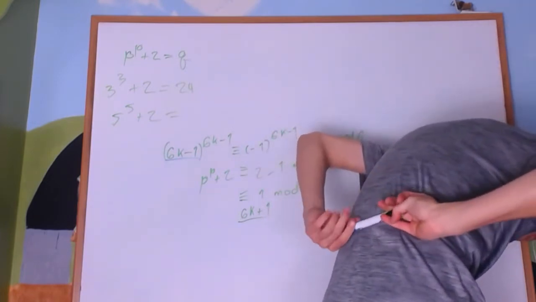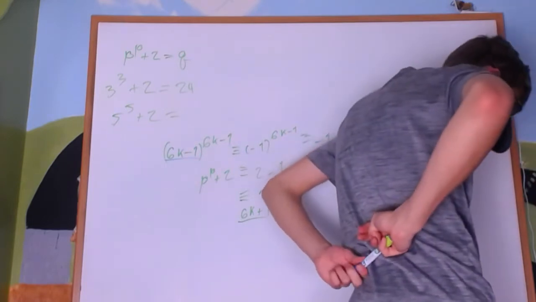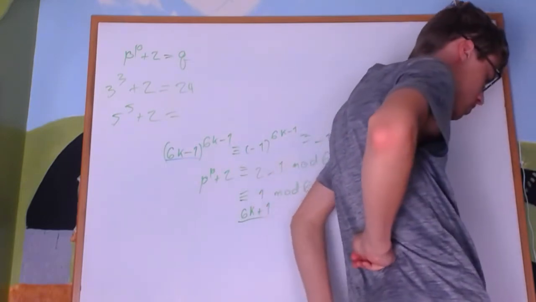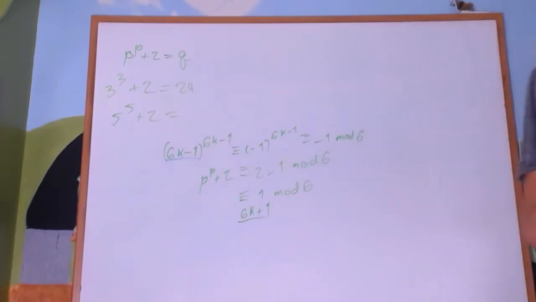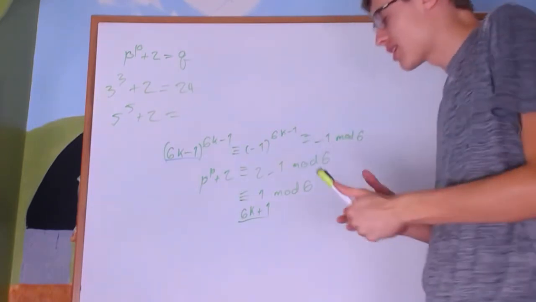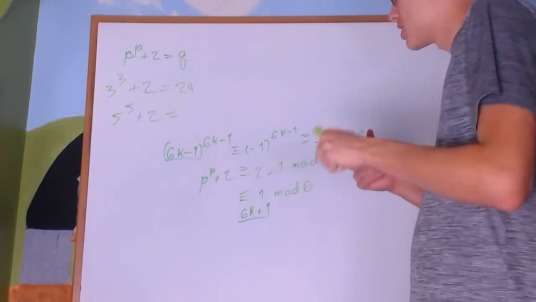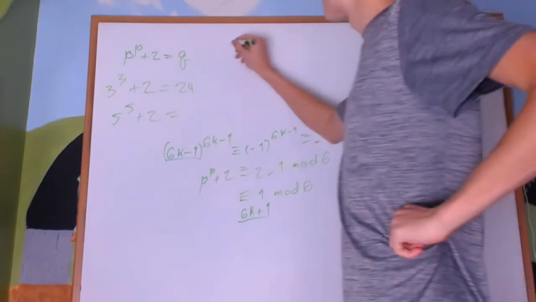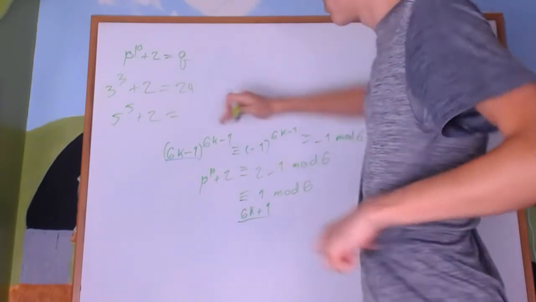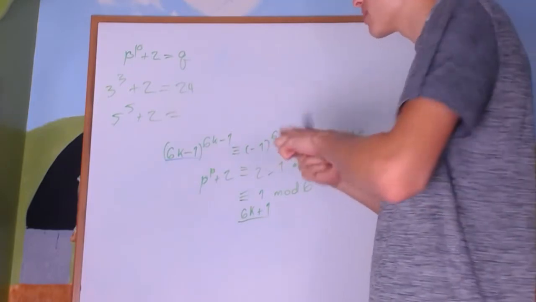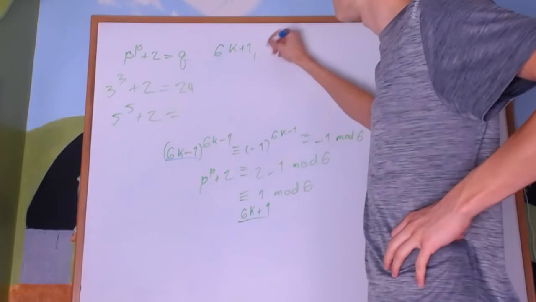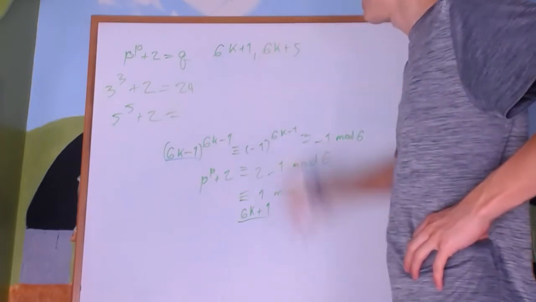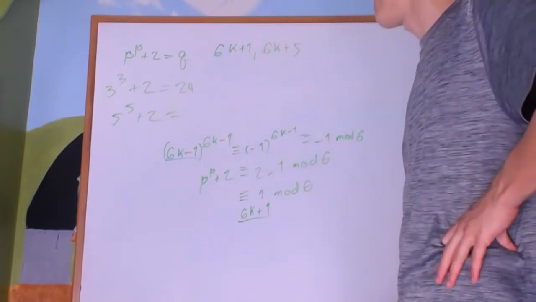That it can be written in the form... Oh! Just for primes? If it's prime. Yeah. So this is equivalent to it being in the form 6k plus 1 or 6k plus 5 because of modulo arithmetic.